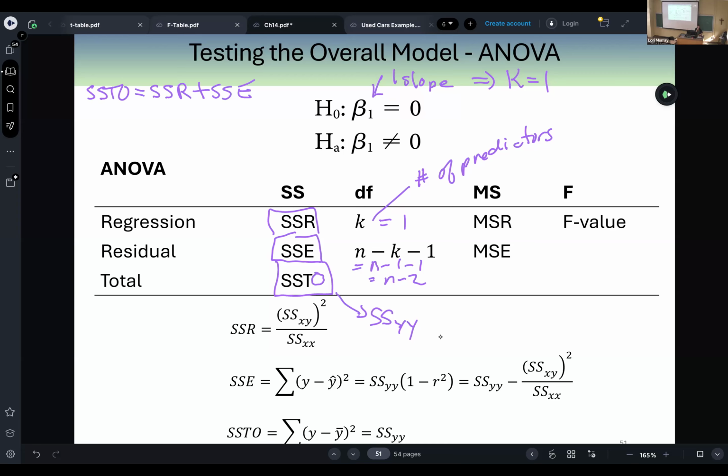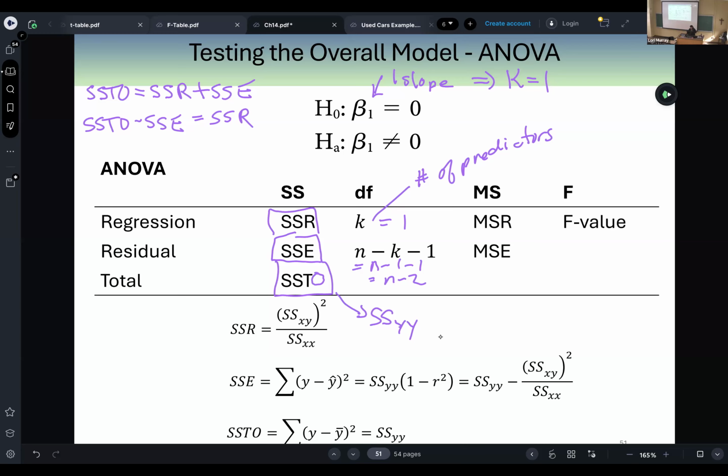The variation that is explained by the model added to the variation that is unexplained, that's the error. So if you know this one and you know the SSE, then you can just derive the SSR, the sum of the squares of the regression.